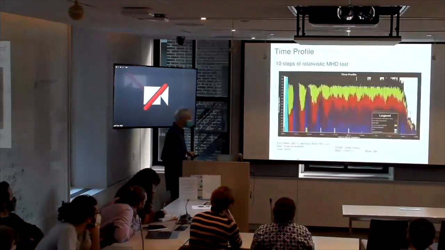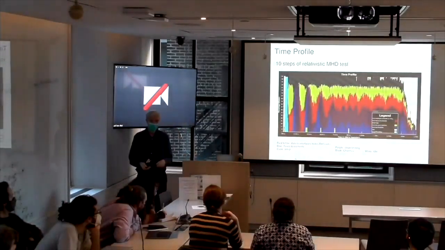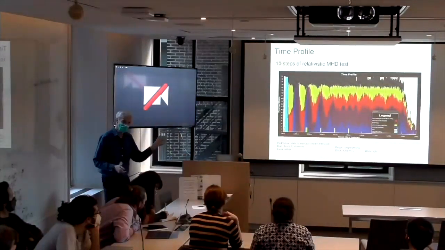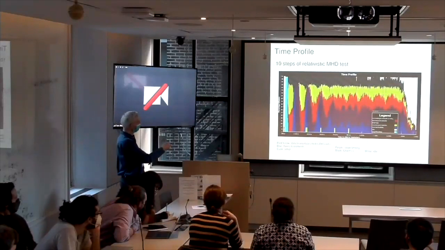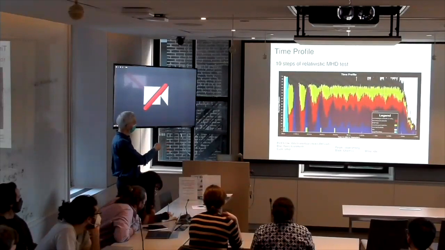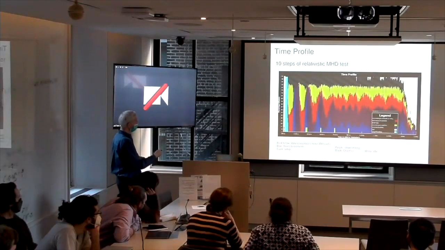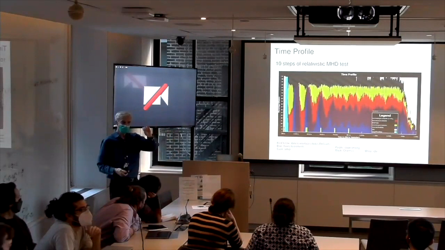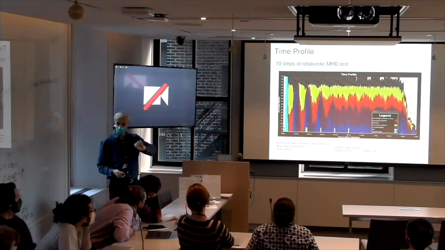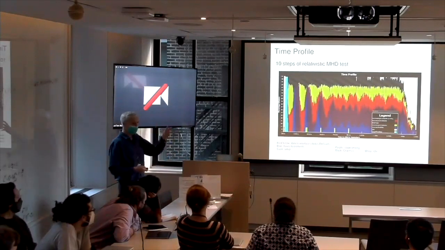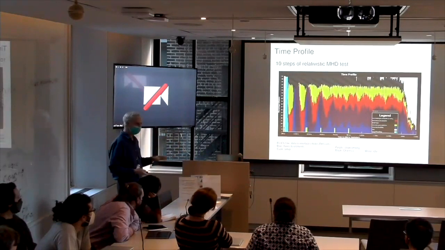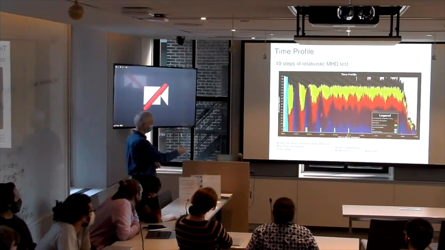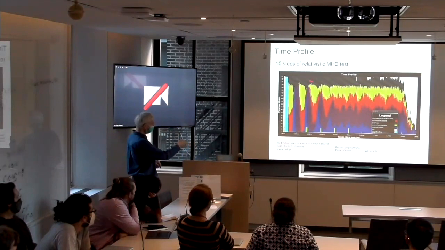All right, so this is what task-based parallelism looks like if you profile it. This is just a simple relativistic MHD test, 10 time steps. The colors represent different procedures, different functions being called, like compute derivatives, compute fluxes, communicate things, and so on. So that's what these colors represent. So there should be 10 of them here. The black is the overhead.